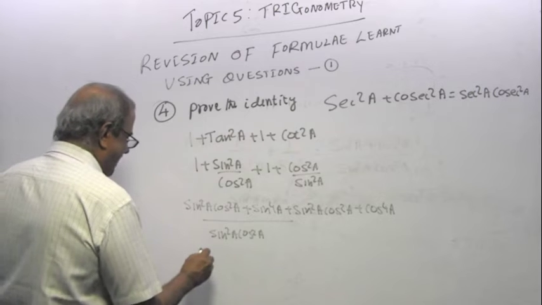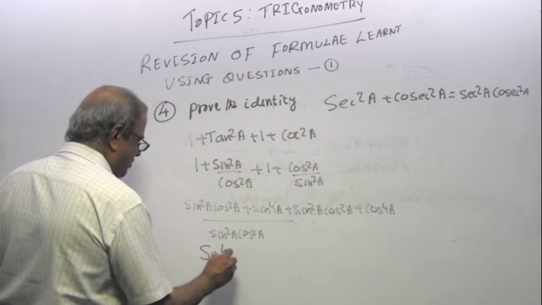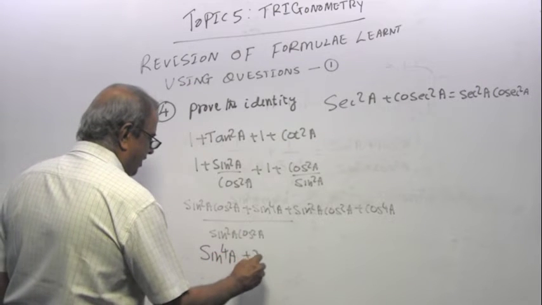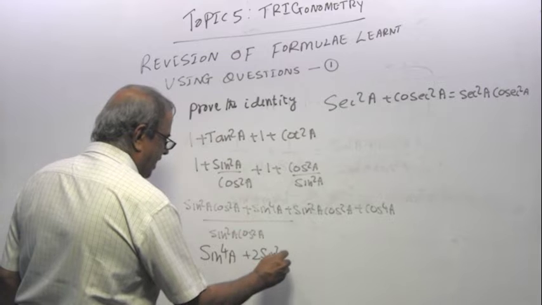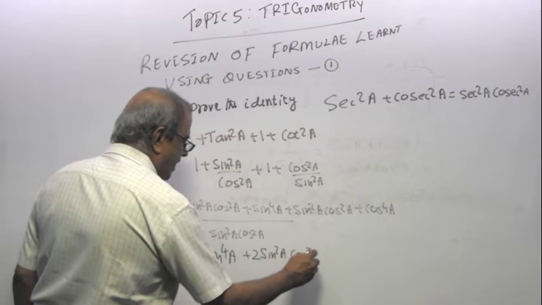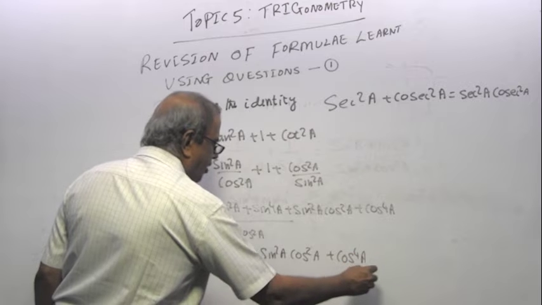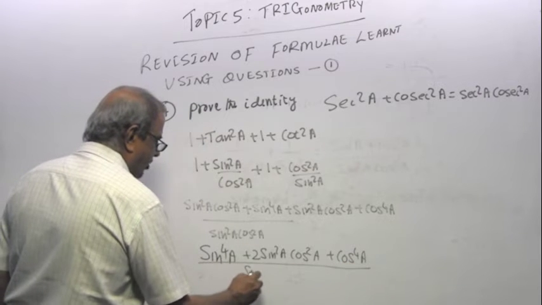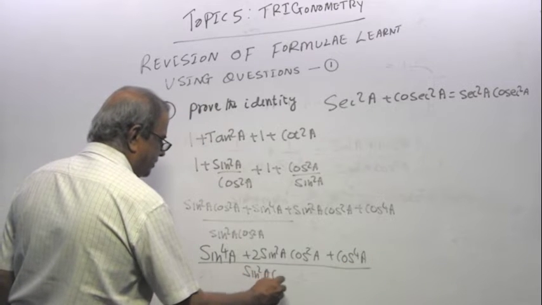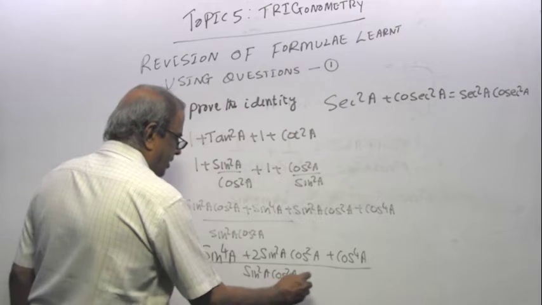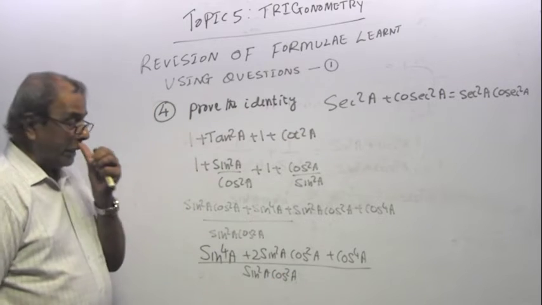Okay, so I can write this as sine power 4A plus 2 sine square A cos square A plus cos power 4A over sine squared A cos squared A. Okay, nothing wrong.